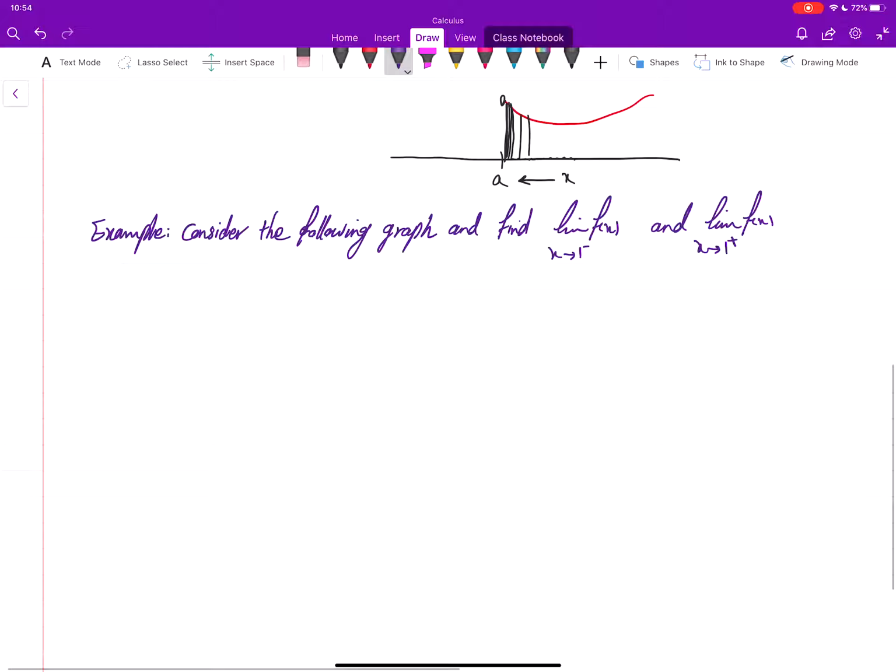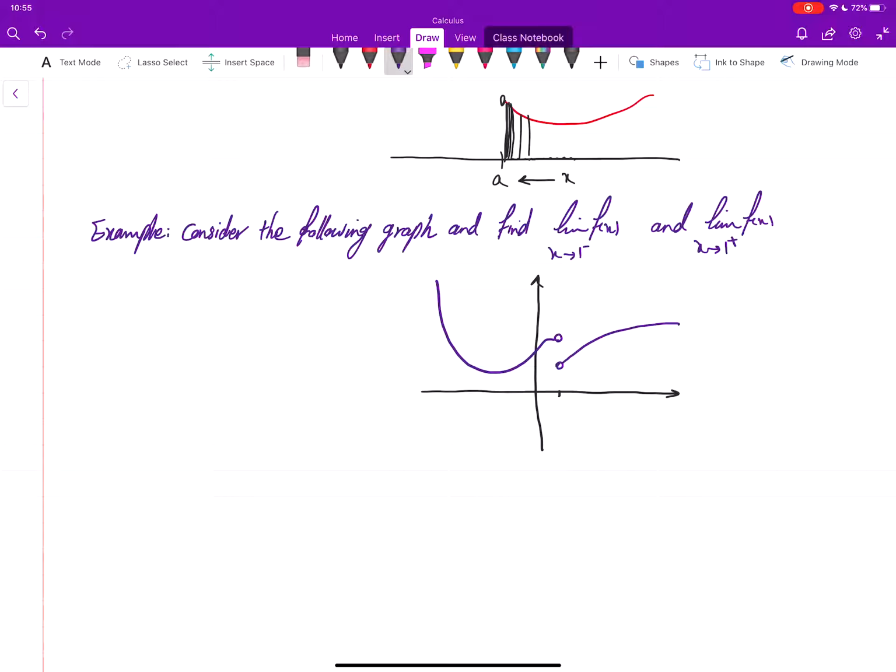The graph of the function is this. So this is 1 here, and then the function has this form, and then this goes like this, and here's that.